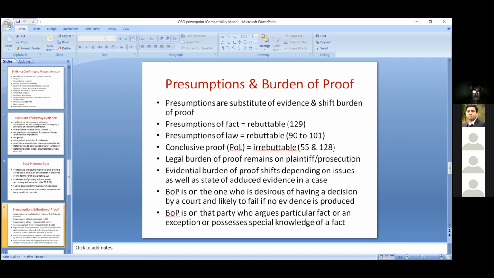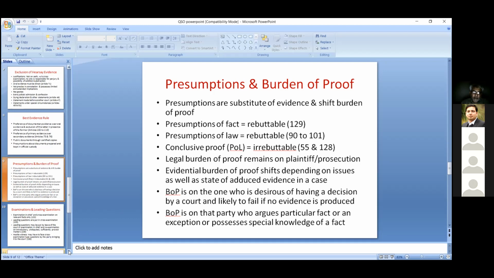This burden is known as evidential burden, and evidential burden shifts from one party to another on the basis of quality and quantity and convincibility of the evidence produced before the court. So these are the two kinds of burdens which have been dealt with in our provisions.